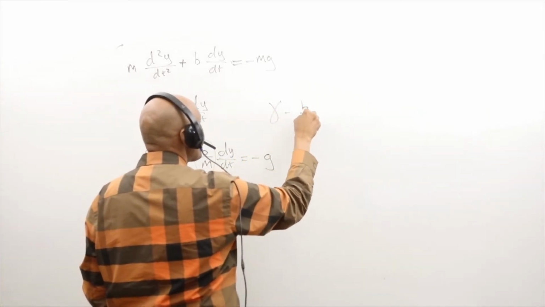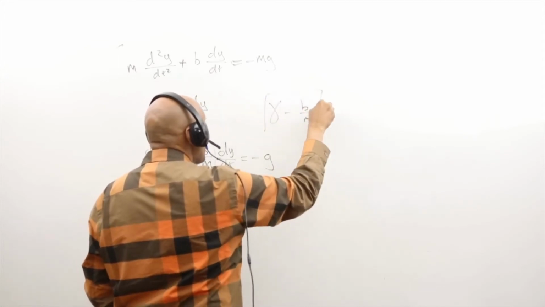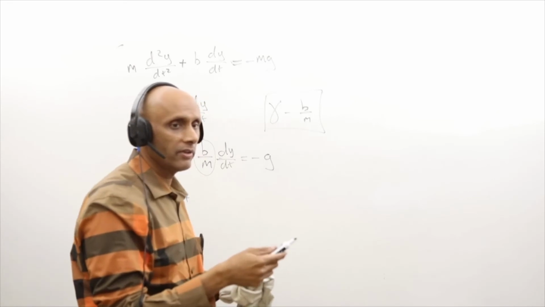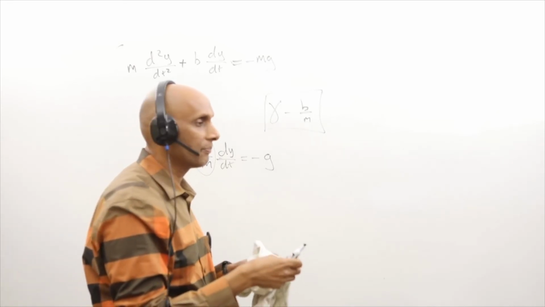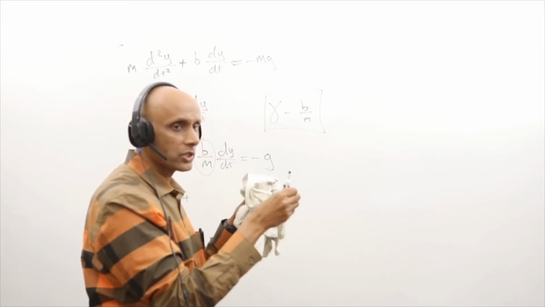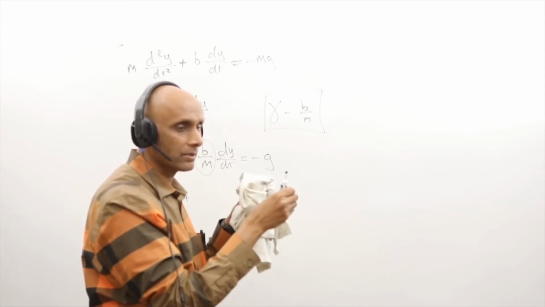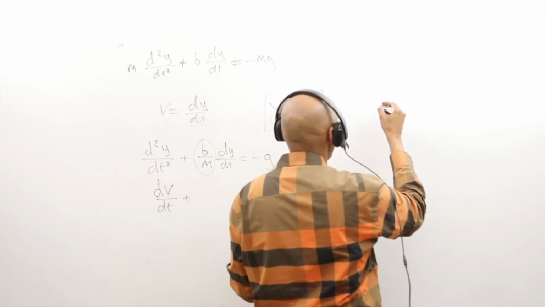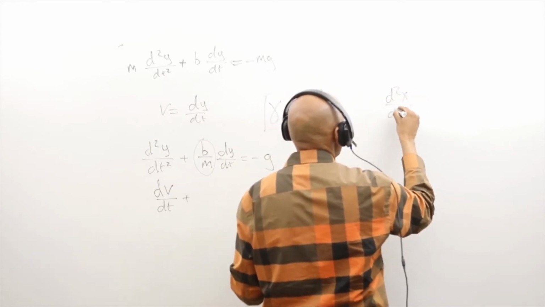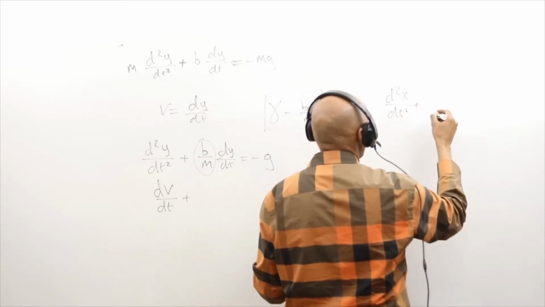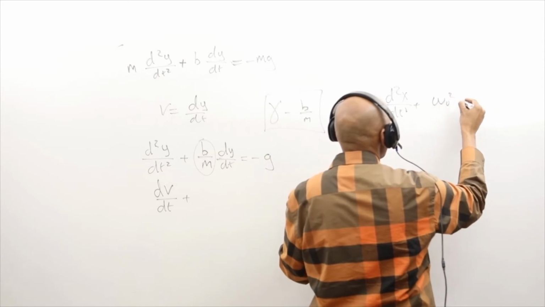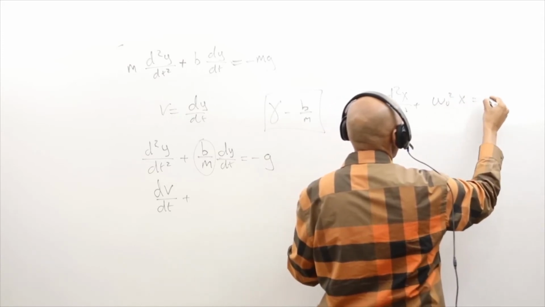We're going to see this. The reason I'm doing it this way is that earlier you might have already seen a video where I discussed a spring mass system with no dissipation, a non-dissipative spring mass system. That equation had d²x/dt² plus some other terms, but I wrote down omega squared x is equal to 0.